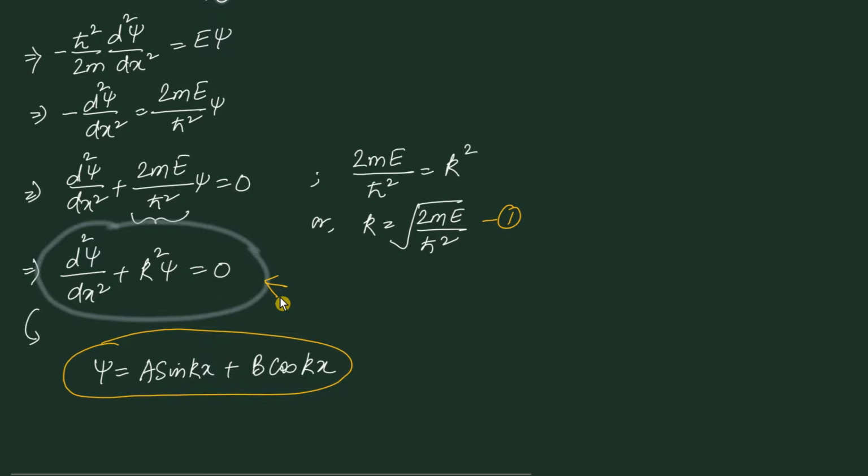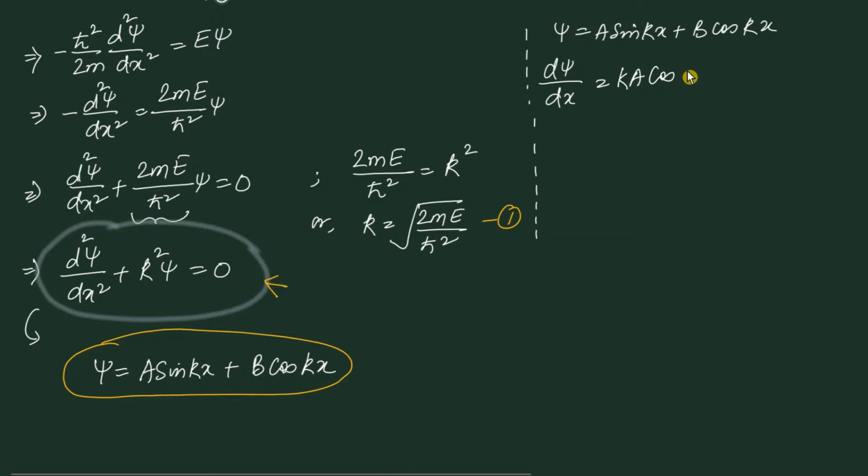Now we can prove that this is indeed that solution by doing a backwards differentiation. So if I say psi is equal to a sine kx plus b cos kx and I take a derivative with respect to x, then it simply becomes ka cos kx minus kb sine kx.